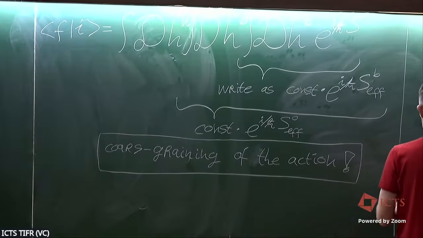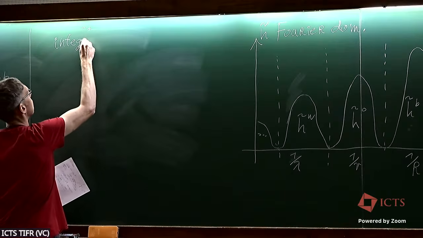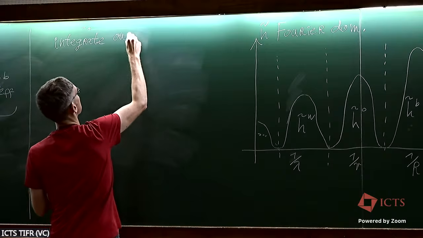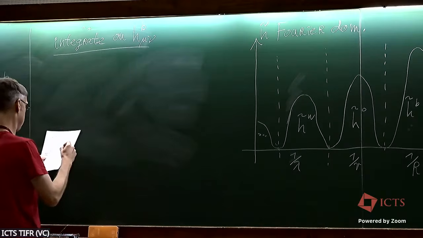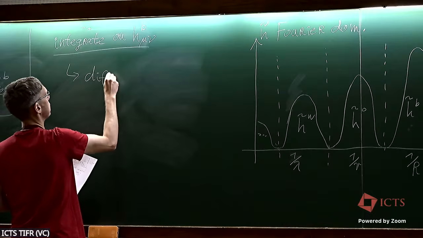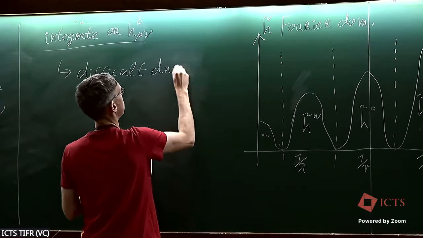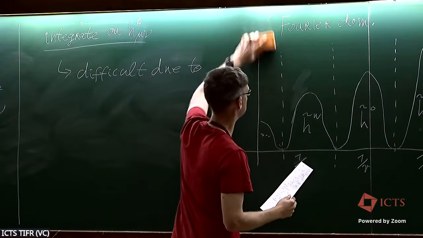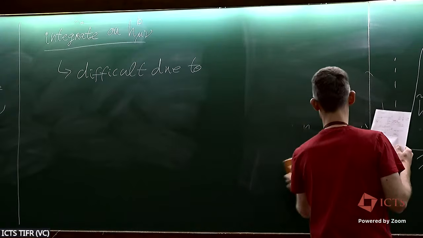Okay, but now before we do that, let's go back to integrating out h_b nu. So as I said, this is very difficult, due to the strong gravitational fields that we have at that scale. So we cannot really apply any approximation.